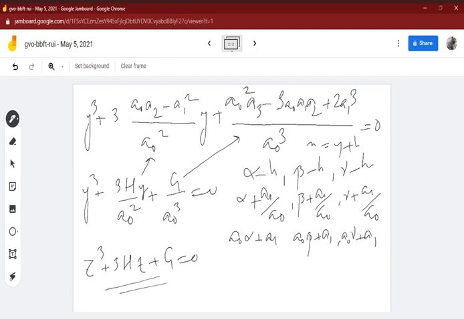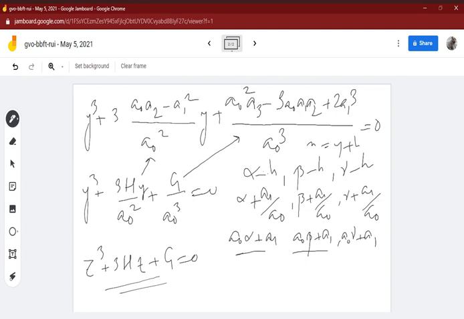This is the standard form of the cubic equation, z cube plus 3h z plus g, and you know what h and g are, it is given up there. And the roots of this equation are a0 alpha plus a1, a0 beta plus a1, and a0 gamma plus a1, and you know the relation between alpha, beta, gamma and a1, a0.